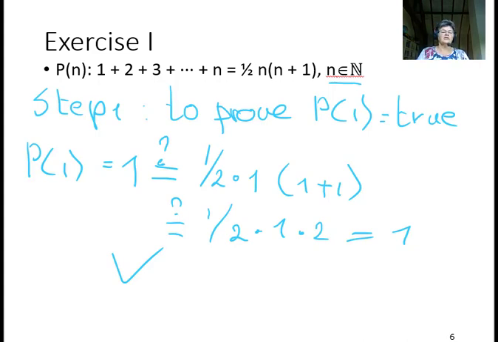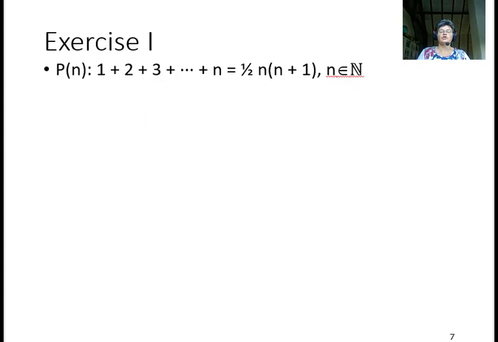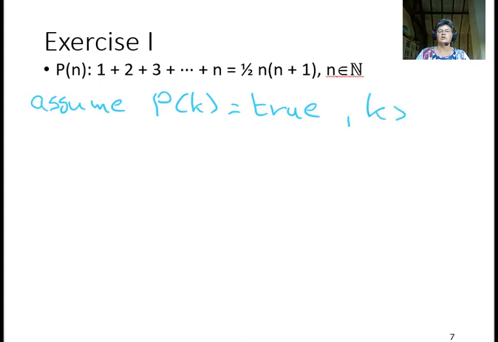Then the second step is to assume that somewhere in the middle we have a value for which the proposition is true. So assume that P(k) is true for some element in the middle, so for something larger than 1. Because we have to work with it, we give this value a name.